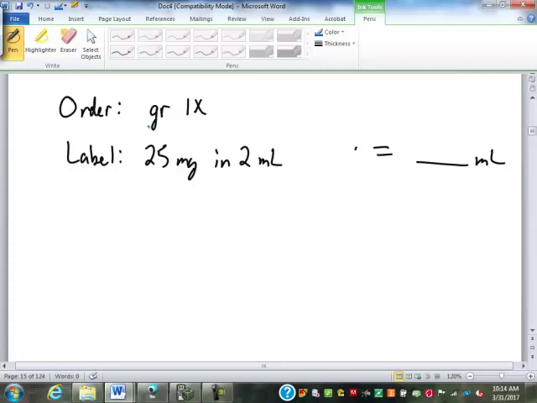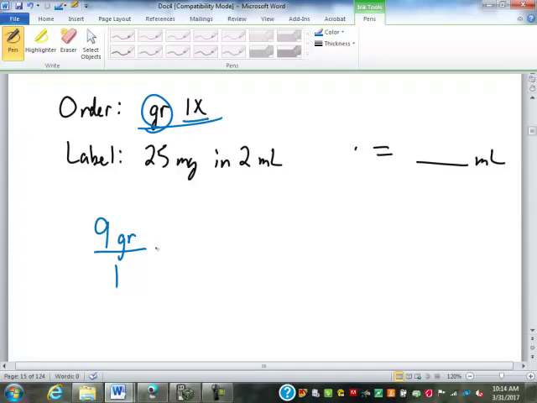So we're starting out, GR IX means, of course, GR is grains, IX is what number? 9. There you go, Roman numerals. That is 9 grains.